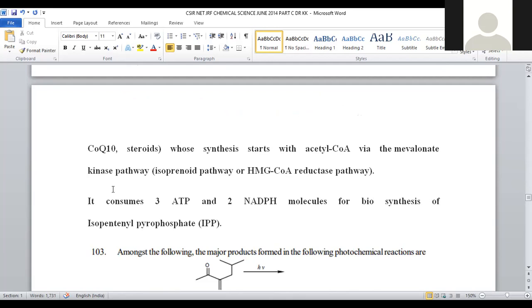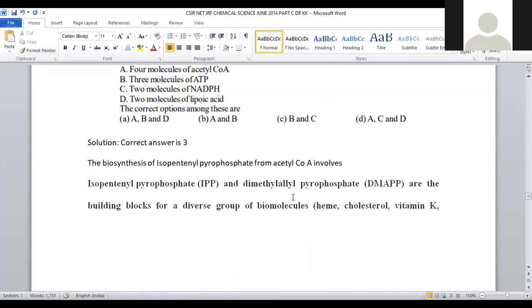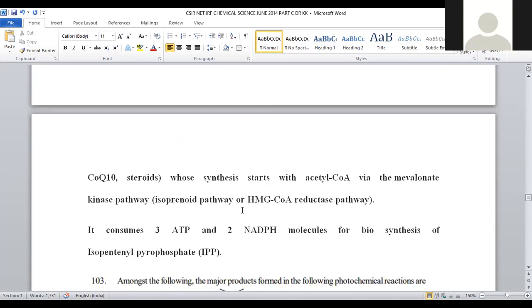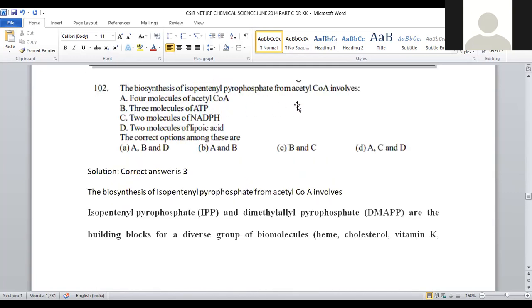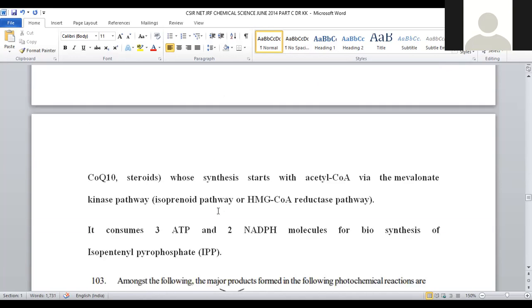Here, biosynthetic precursor compounds can be synthesized by the mevalonic acid pathway, the shikimic acid pathway, and different methods. Among those, the mevalonic acid pathway will be followed for the synthesis of the given product. During this reaction, the question is how many ATPs and how many NADPH molecules got consumed.